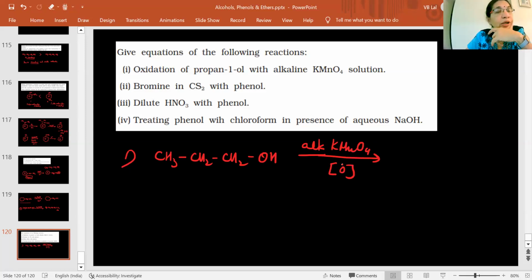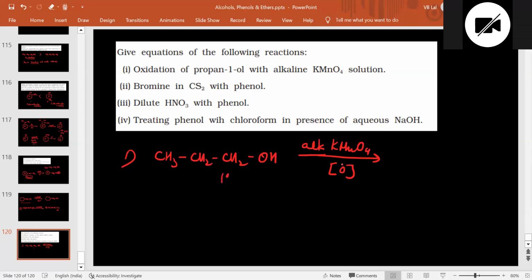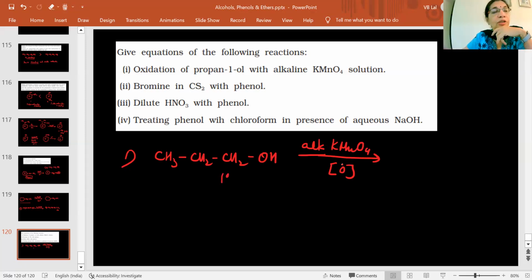What type of alcohol is this? Is it primary, secondary, or tertiary alcohol? Primary. It is primary alcohol. And primary alcohol on oxidation gives me what?